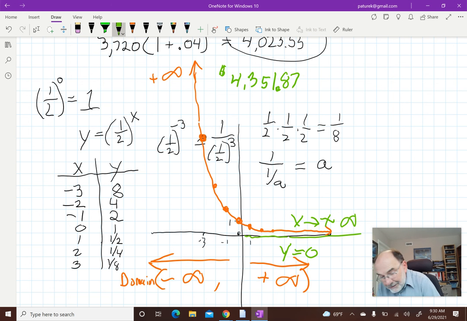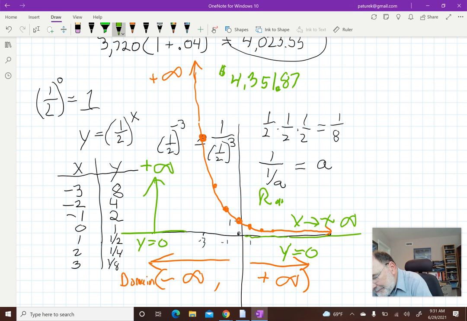For the range, okay, this thing has a flat floor at y equals 0. It never touches y equals 0. It just gets closer and closer and closer to it. And where did it come from? Well, it came from positive infinity. So the range in this situation is, I don't even think it's a hard value there.